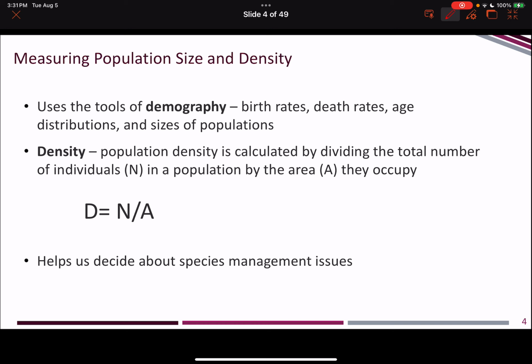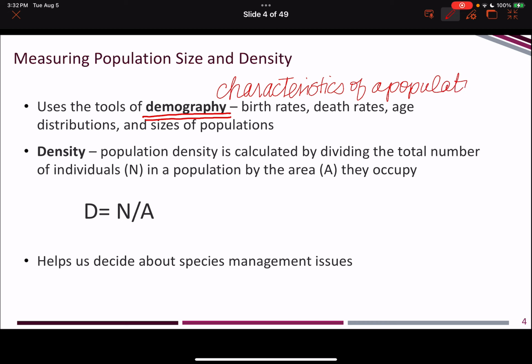So one of the ways that we learn about a population is by something called demography. So the demography or the demographics of the population is just the characteristics of a population. They usually do this by taking some sort of survey.